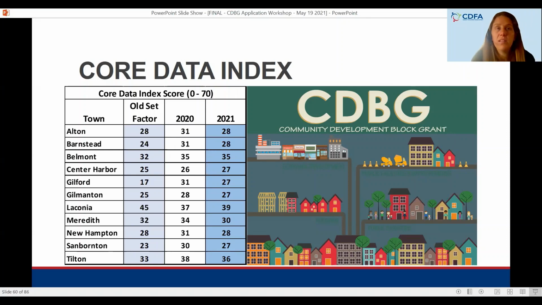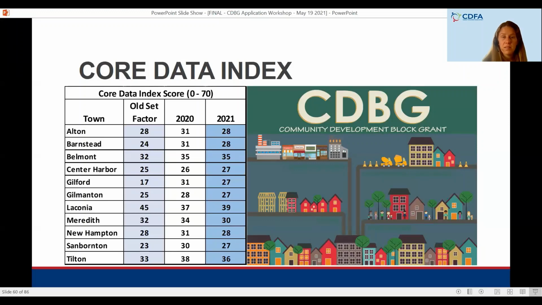It does have a lot of the same data that was evaluated in those set factors, because it evaluated things like the number of people in the community that were low or moderate income, the number of people in the community in comparison to other communities in which households were primarily a single female heading that household. And so this provides those communities that have more of that vulnerability a higher score. The score is up to 70 points. And again, it's based on data.